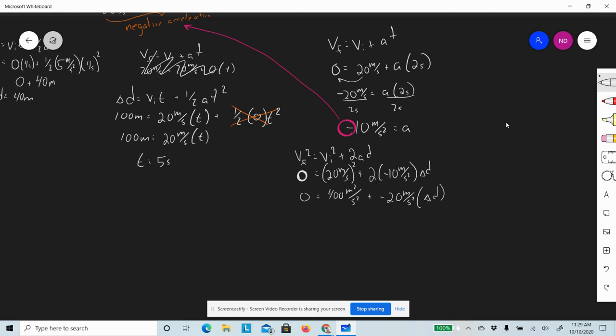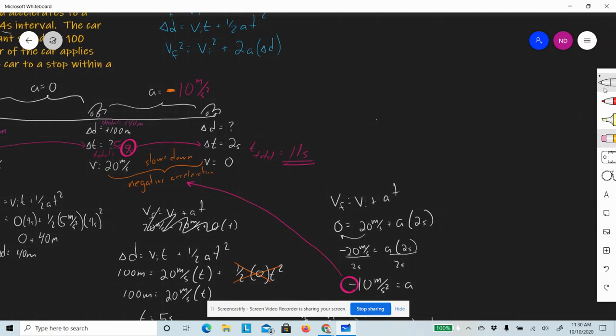Times our change in position. So here, minus 400 meters squared per second squared equals minus 20 meters per second squared times change in position. Divide both sides by minus 20 meters per second squared. Zeros, 40 divided by 2. 20 meters equals the change in position. 20 meters is the change in position.